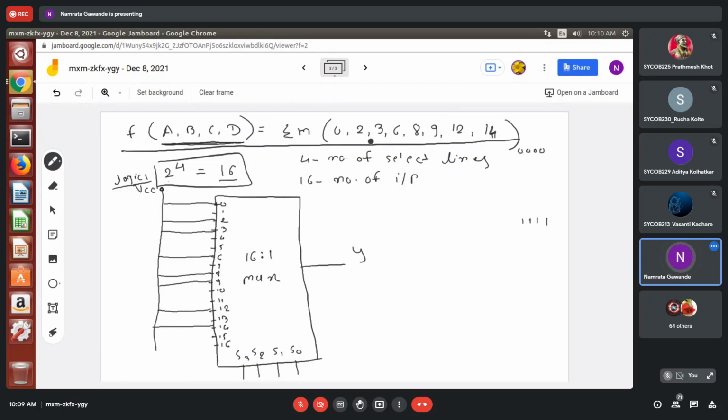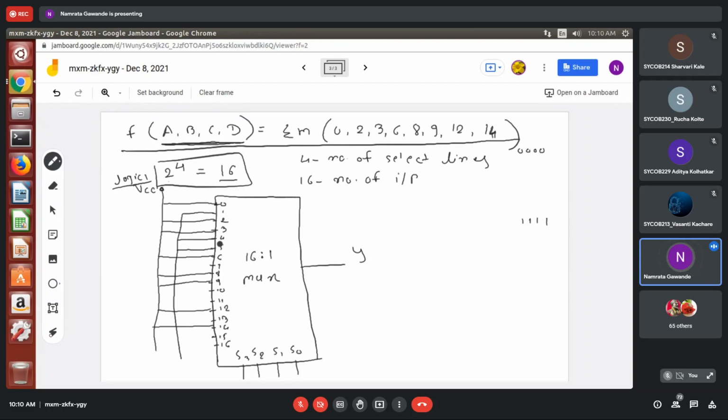Now, the minterms that are not there in this particular expression should be connected to logic 0. The minterms not available in the expression should be connected to logic 0. So the rest of the minterms I am going to connect to logic 0.